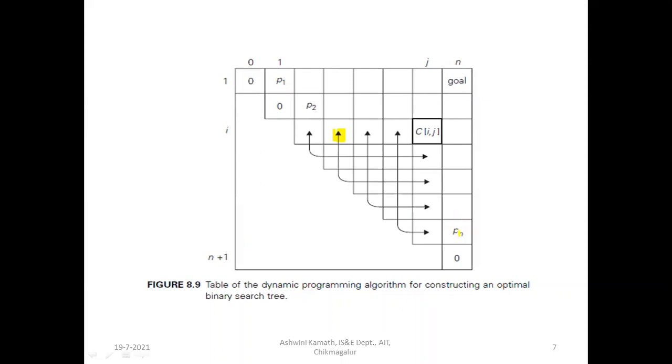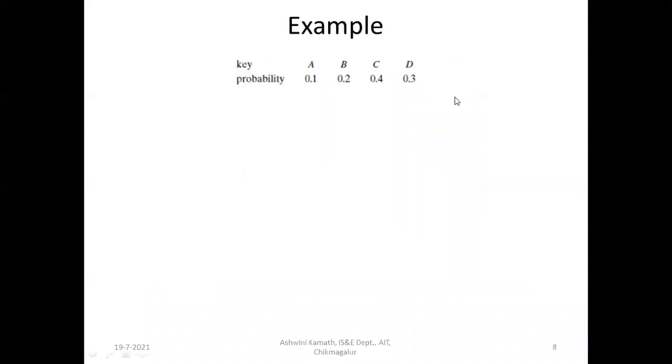If we have 4 values, then this will be P4. And we have to find out the values like this, here, then here, then like this. We'll discuss with an example, and you'll come to know.